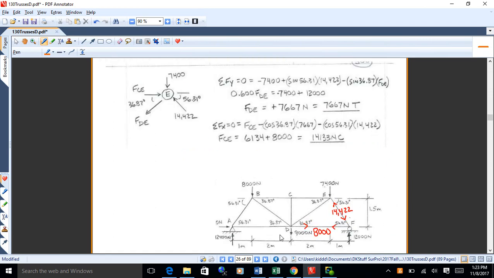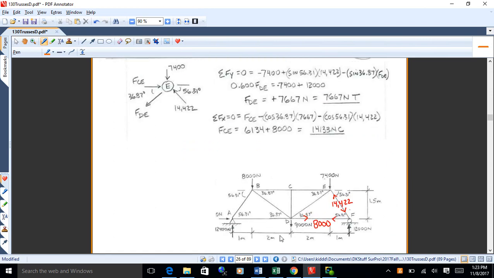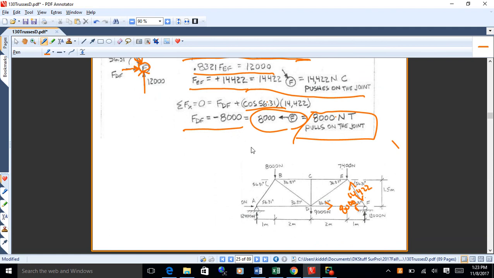So you want to remember to turn those arrows around, okay, when you go on the opposite side. So that's how you draw the arrows for what's happening with those members. Compression pushes on the joints, tension pulls on the joints. Okay. So we all right with that?